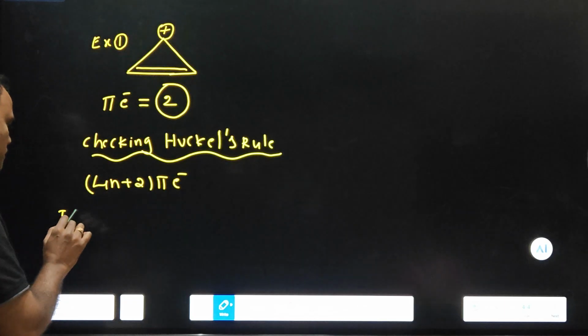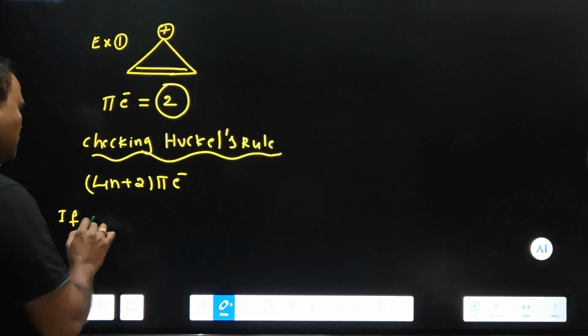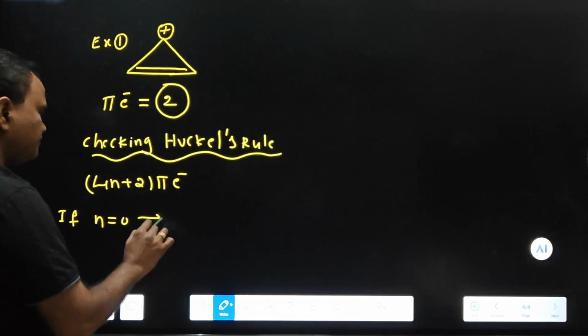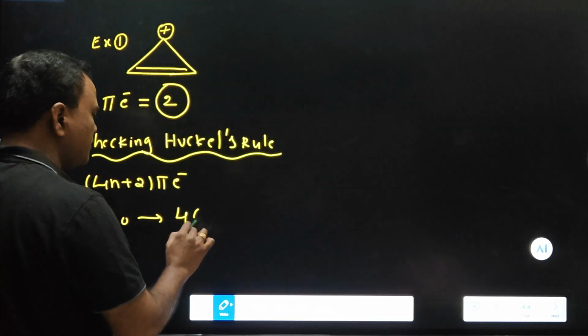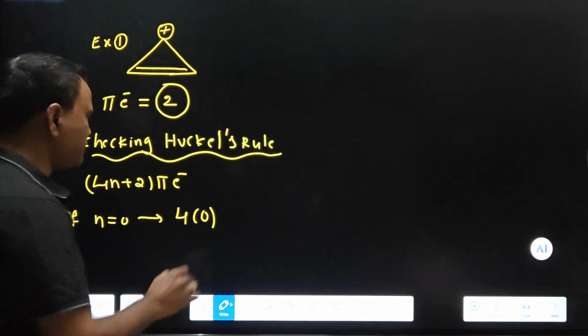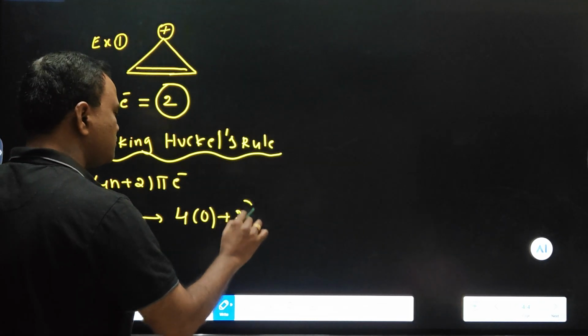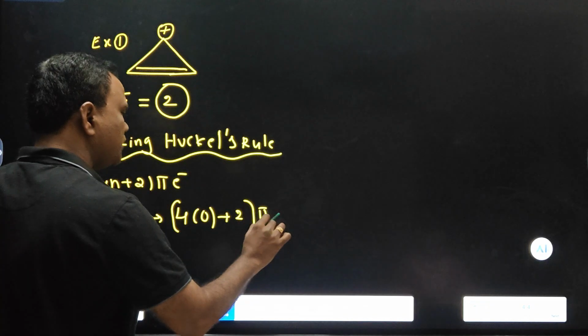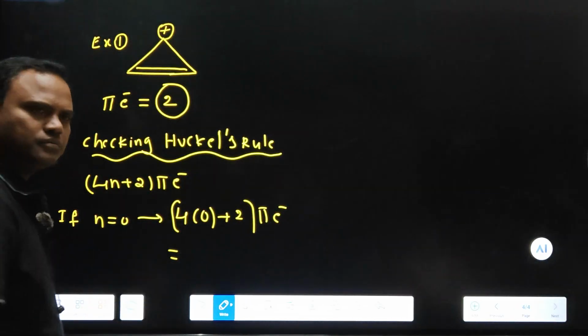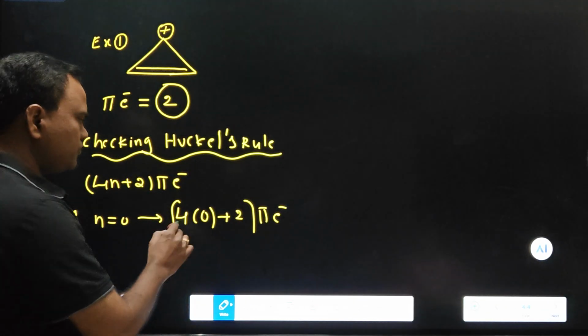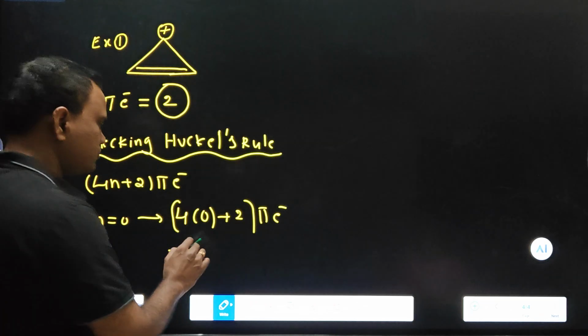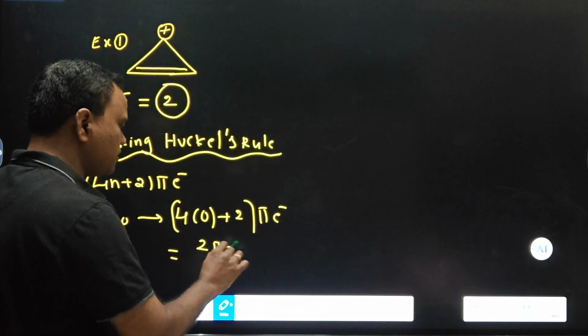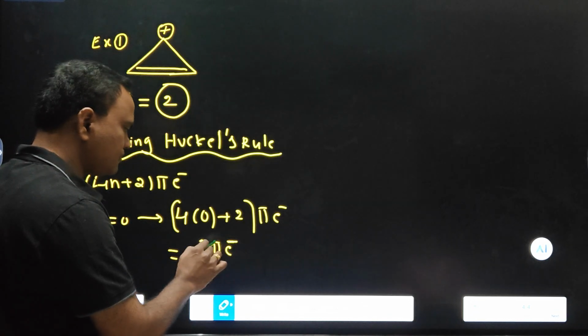If n is equal to 0, check how many pi electrons you will get. Substitute 0 in place of n: 4 into 0 plus 2 pi electrons. You are getting 2 pi electrons.